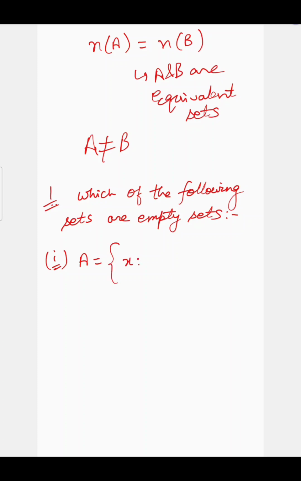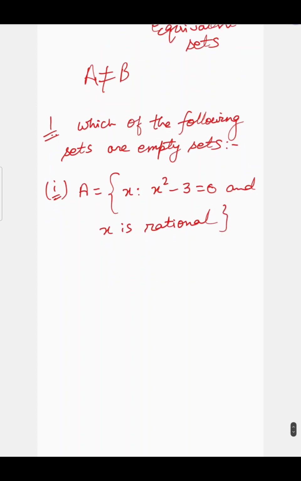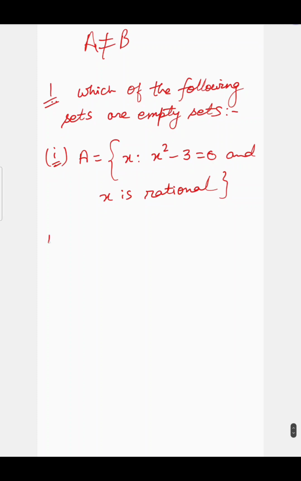A is the set of all x such that x squared minus 3 is equal to 0 and x is rational. Second, B is equal to the set of all x such that x is an even prime number.